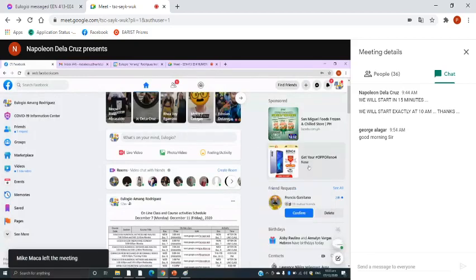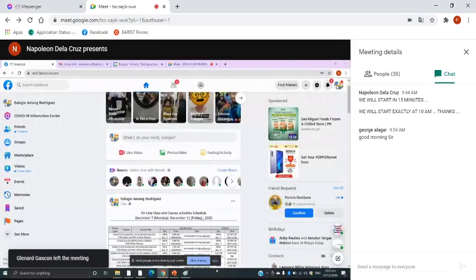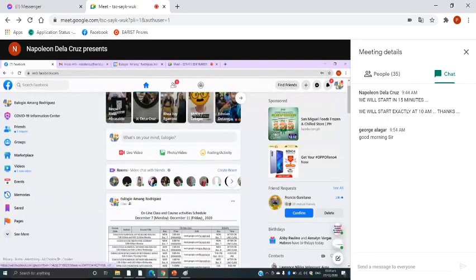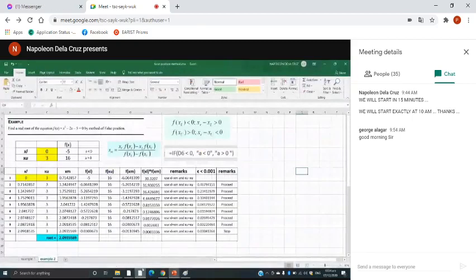Ayun. Pinasok ko lang kagad yung Excel doon sa ating clear tayo dito.